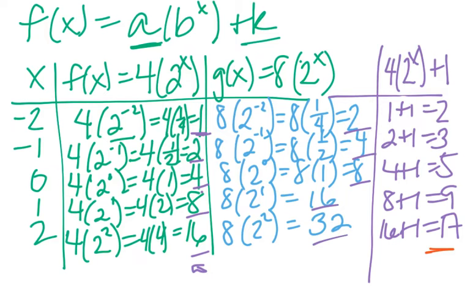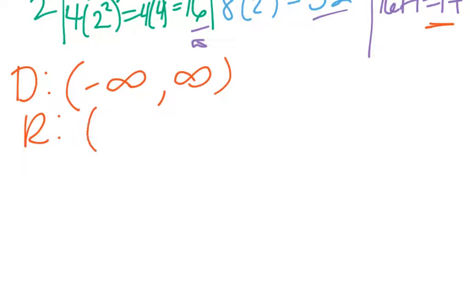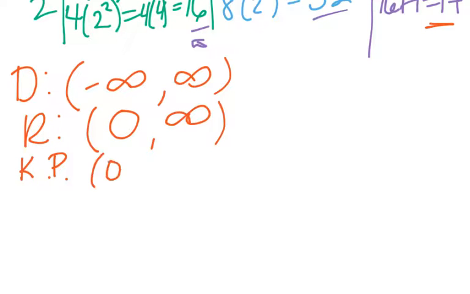Okay, so let's go back and do key attributes. So domain for these graphs, still all real numbers. Range, the lowest value for any of them is 0, and it doesn't hit that value, so we use parentheses. Key points. Well, in our normal graphs of 2 to the x or b to the x, we had 0, 1 as a y-intercept and 1, comma b. So what's happening to those?